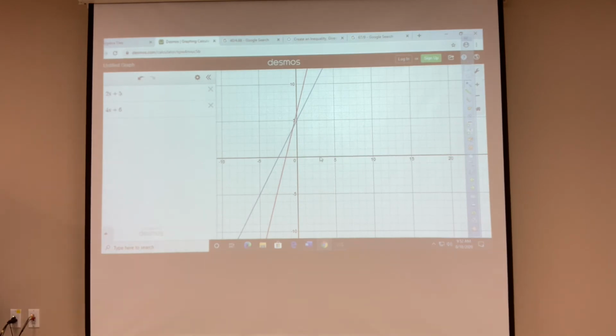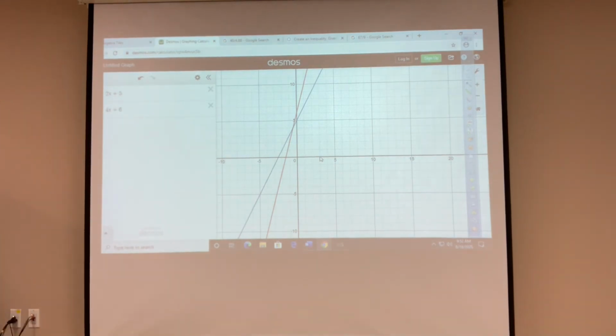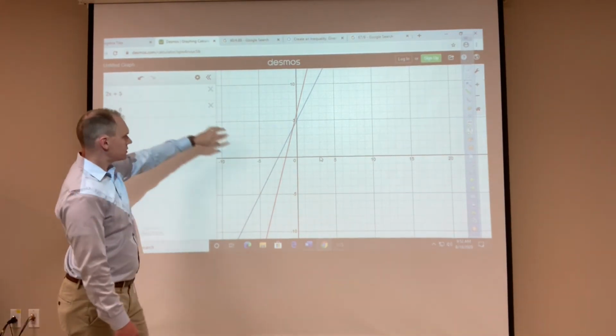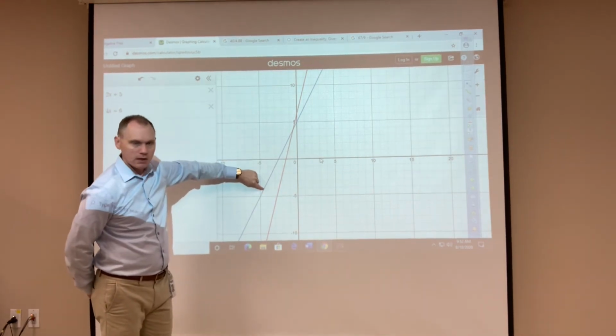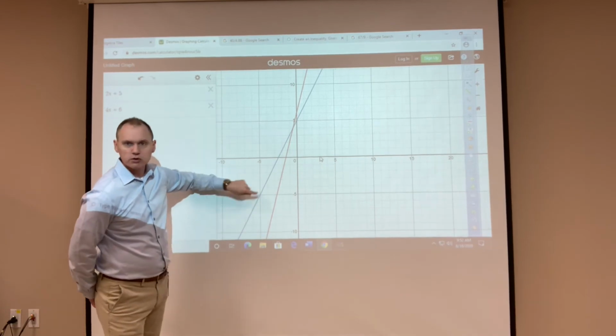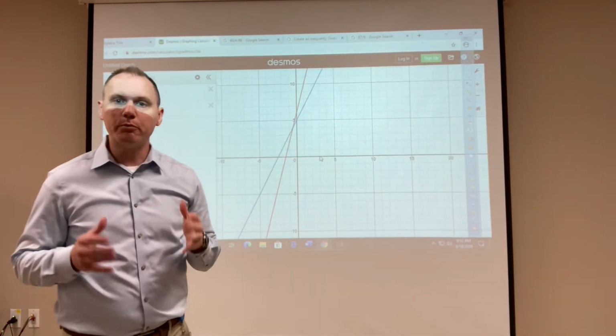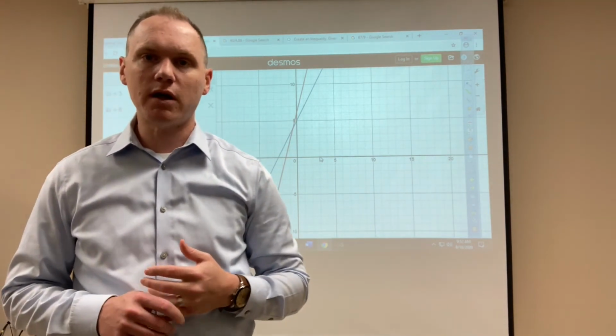So where is the blue one? All right, where is the blue one greater than the red one? The blue one is 2x plus 5. This is 2x plus 5 here. And this one is 4x plus 6. When is the blue one greater than the red one? So basically we're looking for where is the blue one above the graph of the red one?